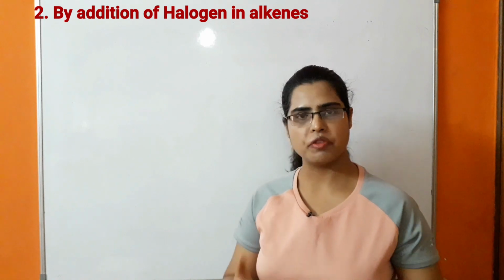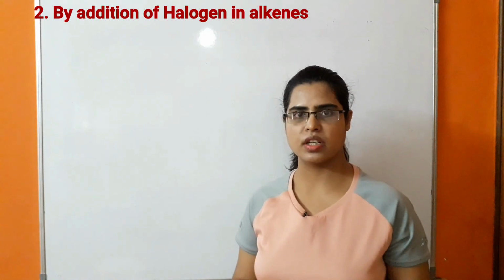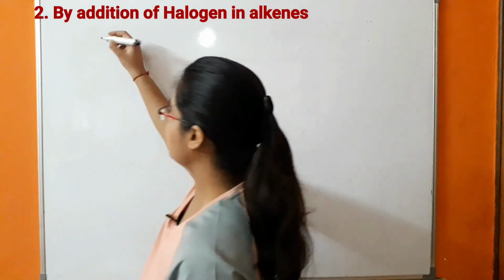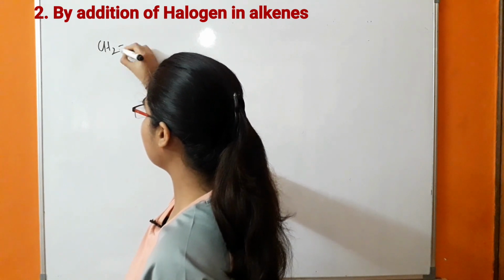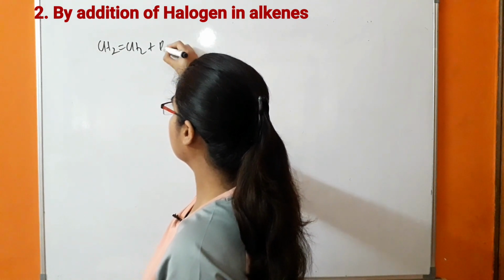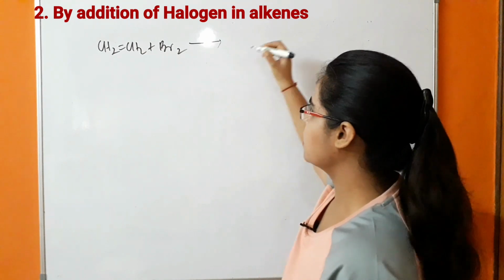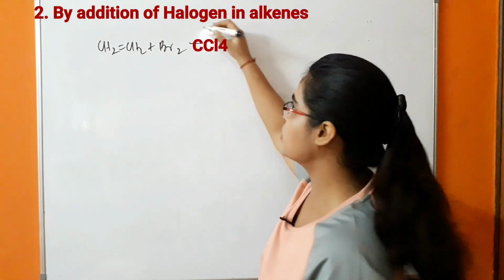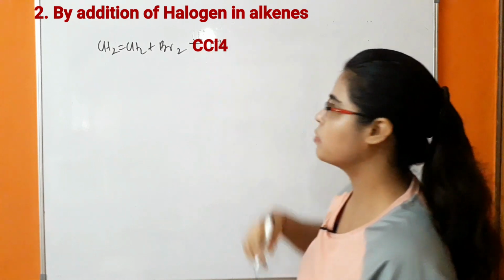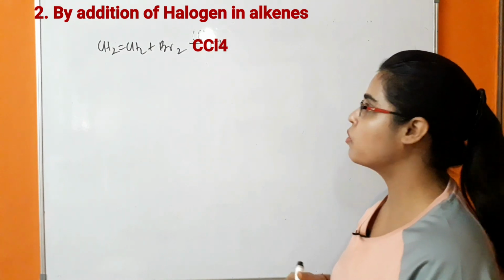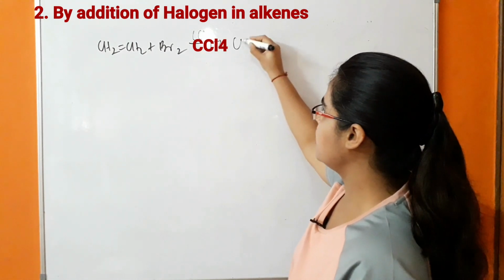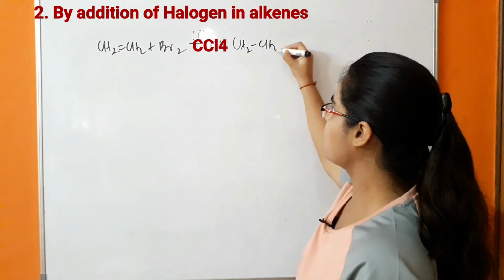Second, by addition of halogen, we also did this reaction earlier. In this case, an alkene reacts with Br2. This reaction takes place in the presence of CCl4, carbon tetrachloride, which is a non-polar solvent. So addition of halogen is taking place.